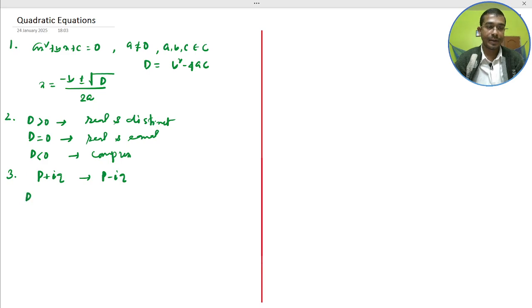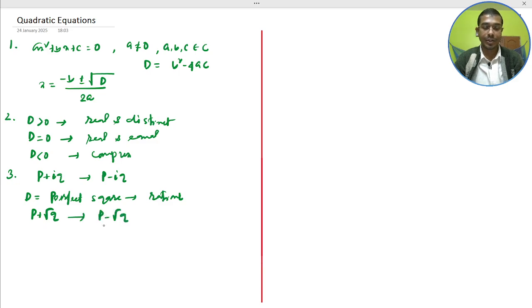So when D is a perfect square, the roots are rational. And if p plus root q is an irrational root, then p minus root q is also a root.